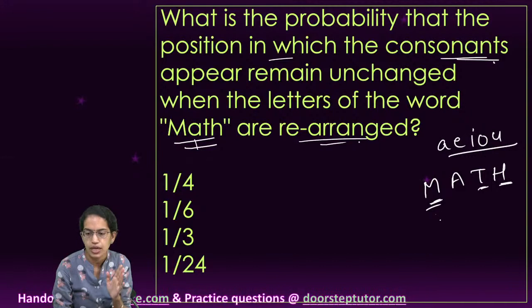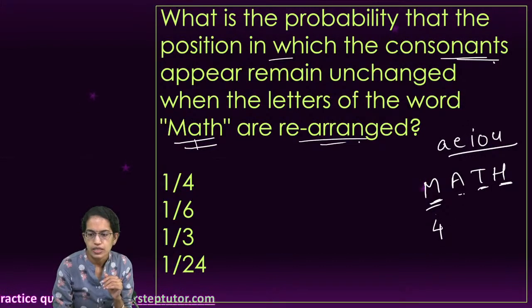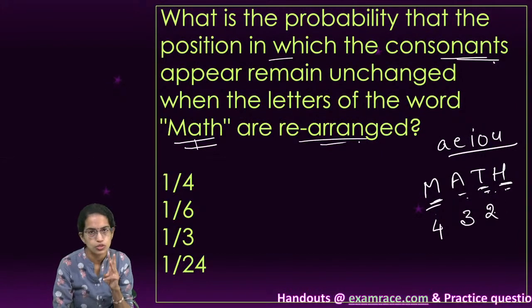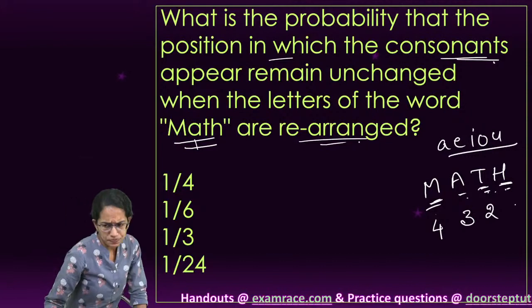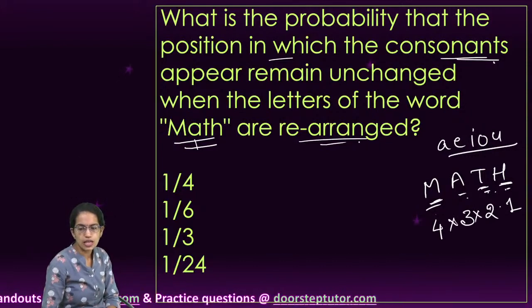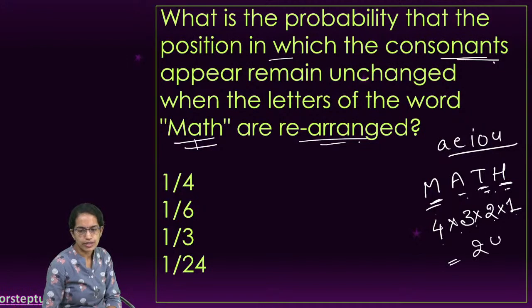It can be M, A, T or H. So there are 4 ways in which we can start it. Now in the second position there can be 3 other letters which are remaining. At the third position 2 of the letters and at the last position 1 letter. So total possibilities are 4 into 3 into 2 into 1 which is 24.